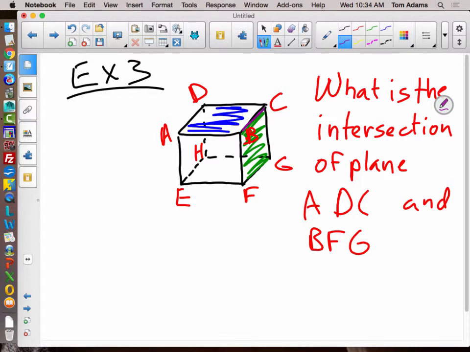BC. Yeah, right here. That's where those 2 intersect. Now, if we assume that that's a line and it goes on forever, we would say the line BC. And if we assume that they don't go on forever, we would just say the line segment BC.